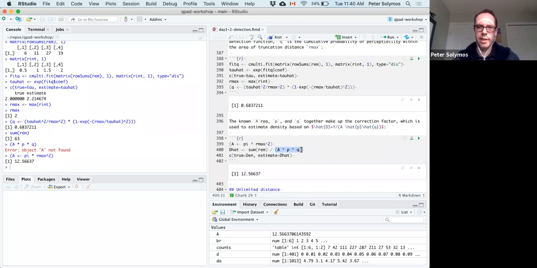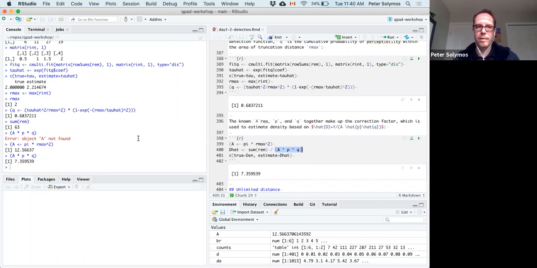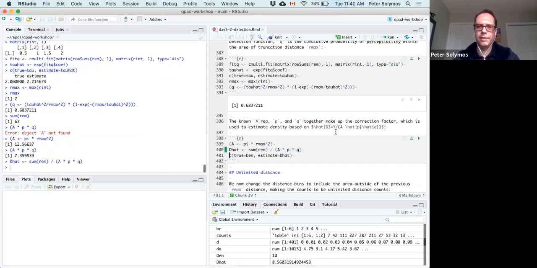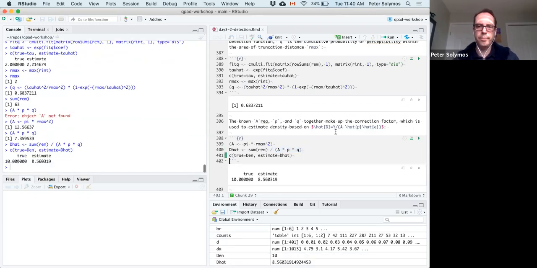So our correction is A times P times Q, 7.36. Let's calculate D hat and compare it to the true value. 10 versus 8.56. It's not perfect, but based on a single really crowded landscape, that's not too bad.